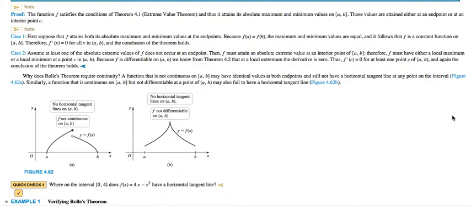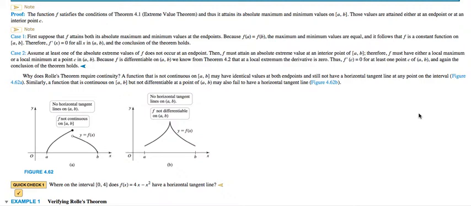Now, given the fact that the function is differentiable, we know that Theorem 4.2 tells us that at a local extreme, the derivative is 0. Therefore, the derivative is 0 for at least one point c in AB, and again the conclusion will hold true.